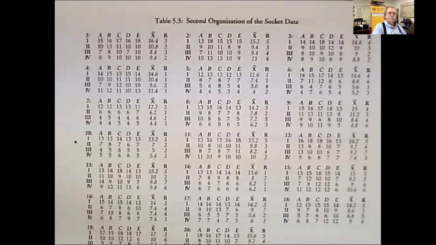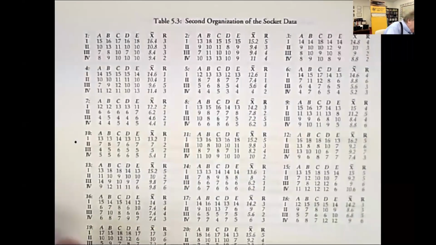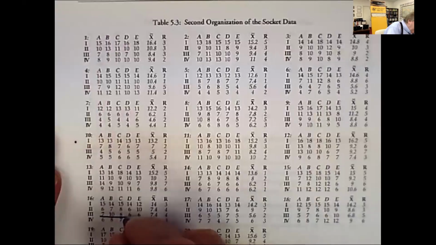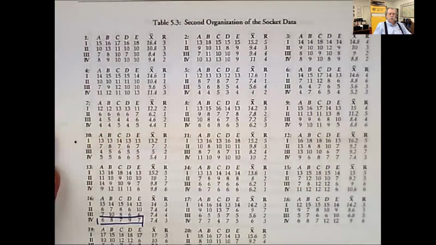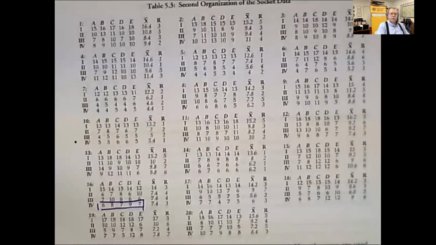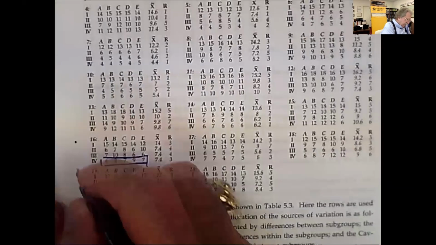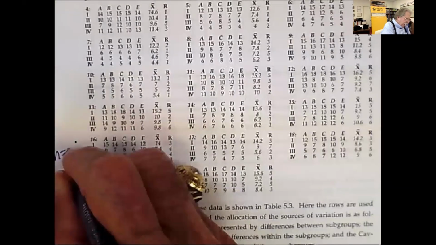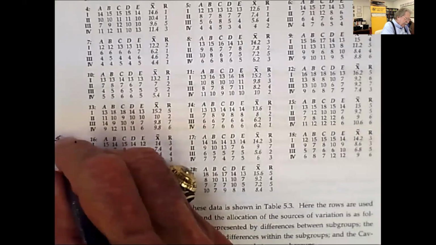The second organization of these data is shown on page 105. A subgroup is size 5, and it's each row. So n equals 5, and k is 80.